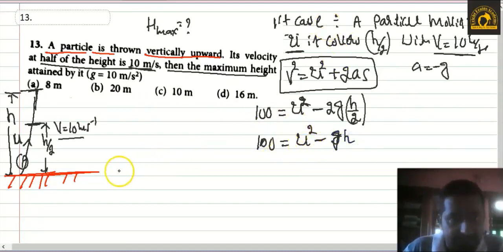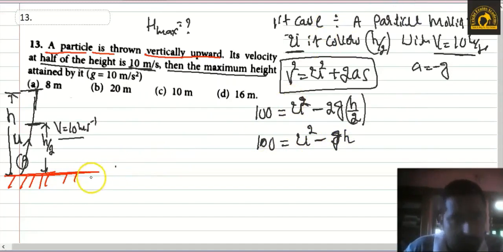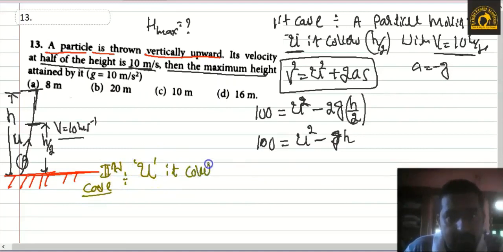Then the second case: the same particle is moving with the initial velocity u, and it covers h maximum height. What about its final velocity?